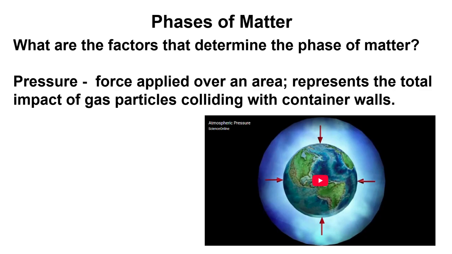Why? Because the force of pressure was higher underwater than it is on land. The further I get away from the surface of the planet, the lower my atmospheric pressure is.